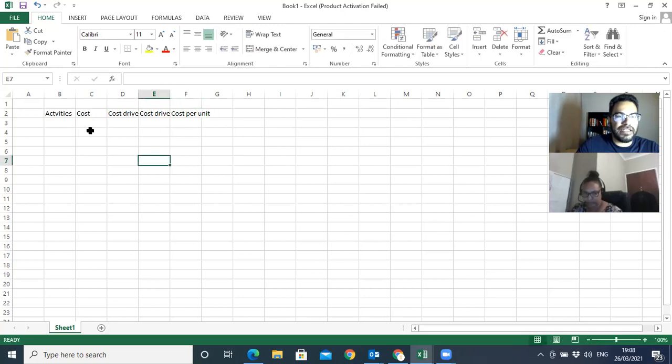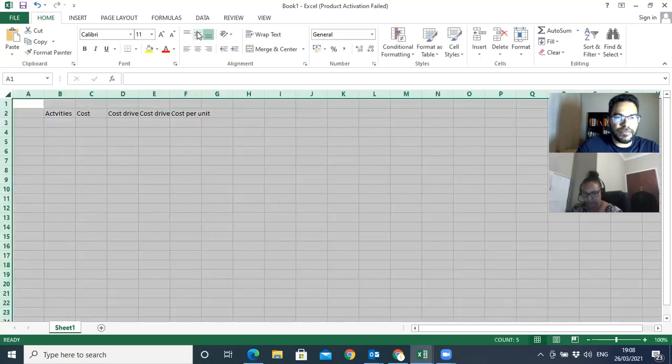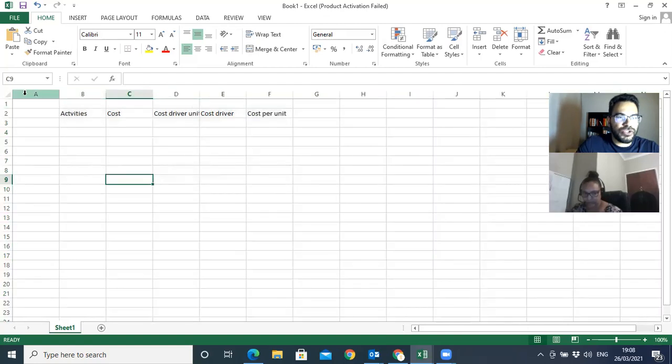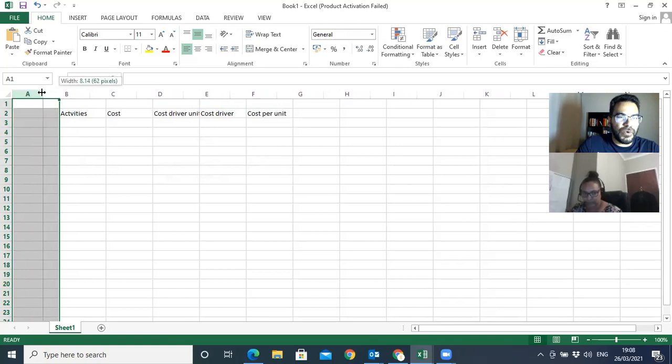The one I'm going to highlight in orange soon, you don't have to put that column in. I put it in because in the exam you're going to be under so much pressure.